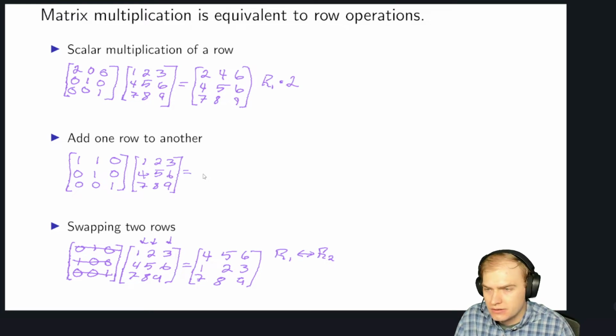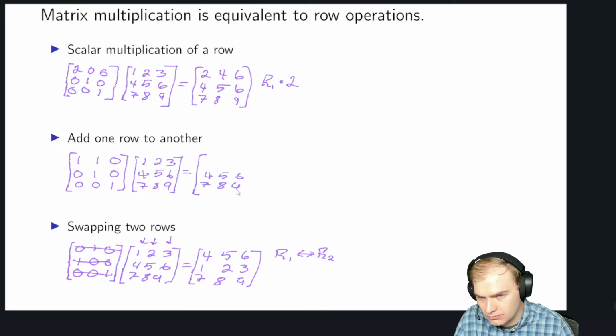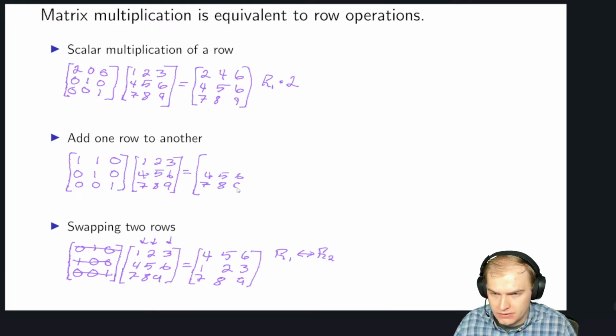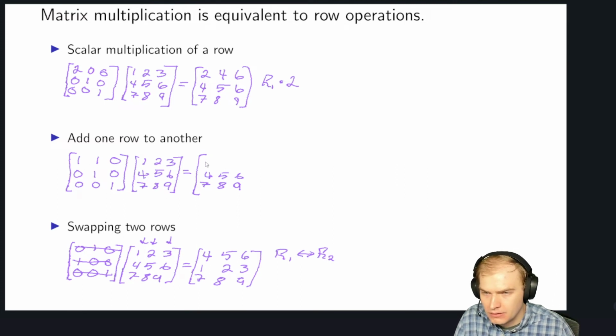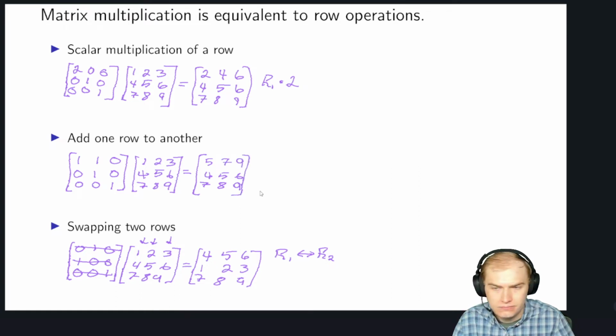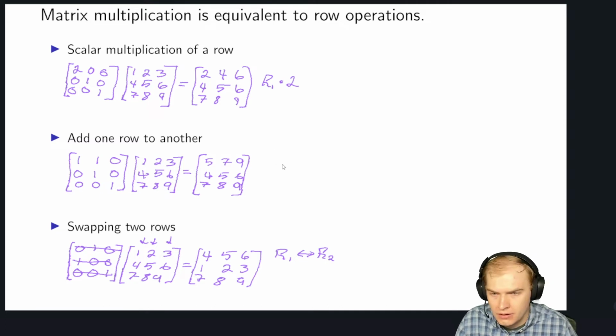The bottom two rows are going to stay the same, while in the top row we have 1 plus 4 is 5, 2 plus 5 is 7, 3 plus 6 is 9. So this is the same as row 1 plus row 2.